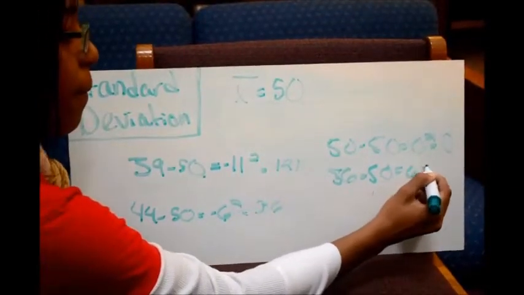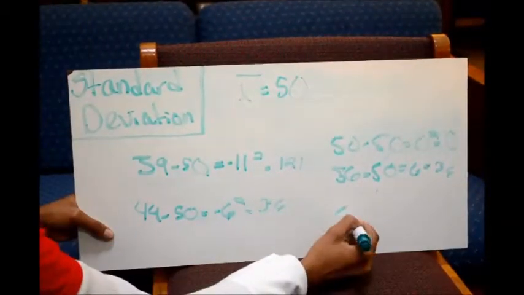And 61 minus 50 is 11, squared, which is 121.